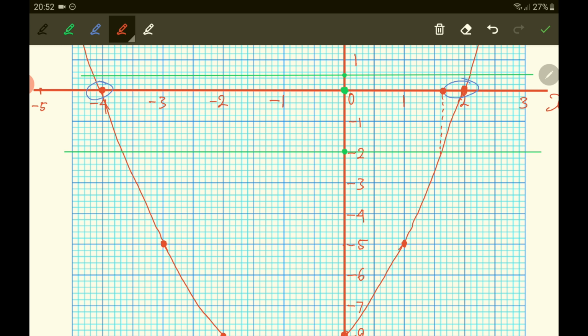This one is around here, so it's like around 1.5, more than that. So per small box is 0.2, right? 0.2, 0.4, is it? No, 1 2 3 4 5 6. Okay, 1 2 3 4. So per small box here is equal to 0.1. So if it's here, it's around 1.6.